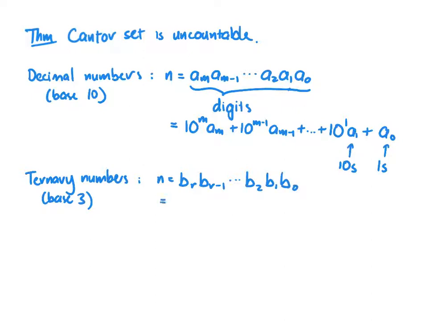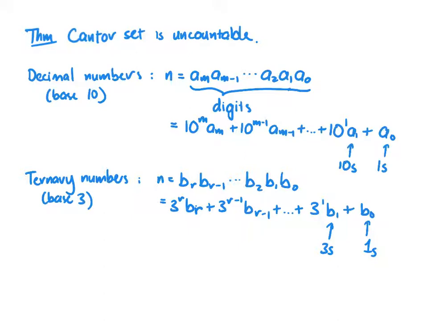Here, everything's powered with 3, so it's 3 to the r times that digit b sub r, plus 3 to the r minus 1 times b sub r minus 1, all the way down to 3 to the 1 times b1 plus b0. And so instead of ones, tens, hundreds digits, it's ones, threes, nines, 27. So it's all powers of 3 instead of powers of 10. So this is the ones digit, this is the threes digit, and so on and so forth.